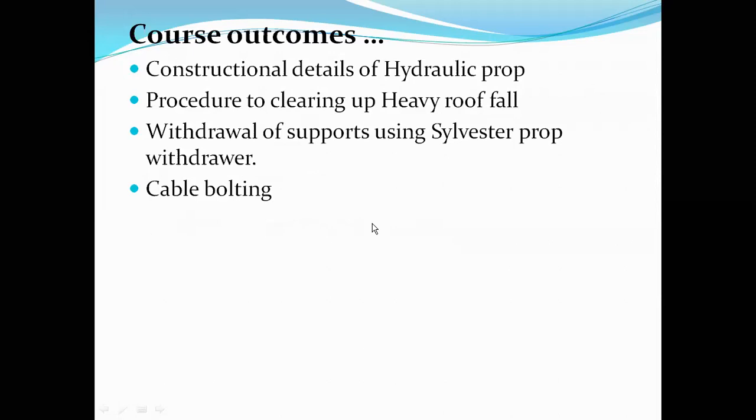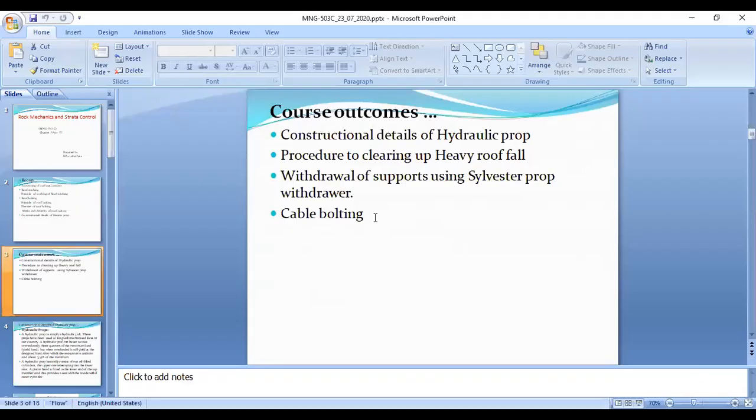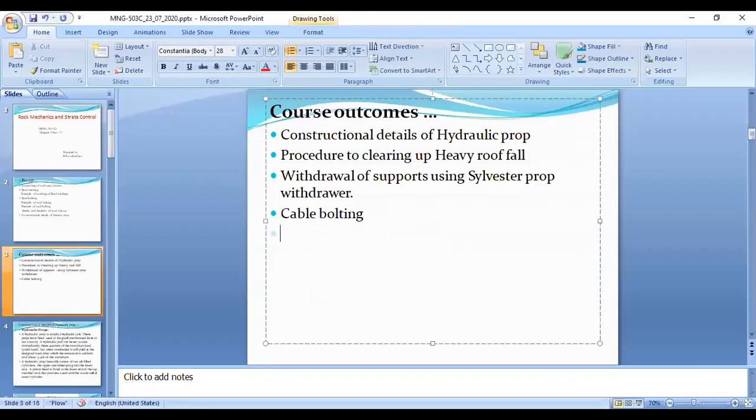And apart from this, at the end I'd like to add a few more things. One is active supports, and the second one is passive supports. Guys, in any entrance examination, these are very important topics. Let me add this here. Second one is active supports.